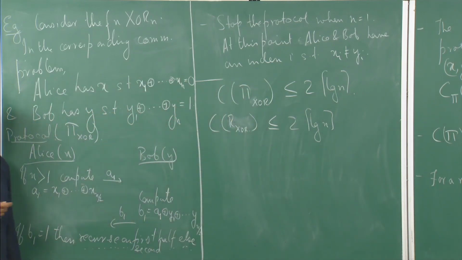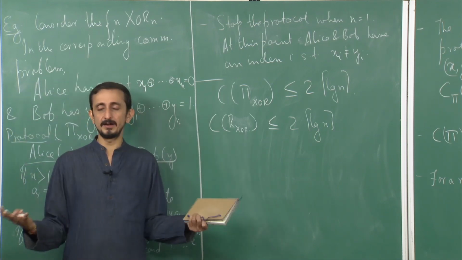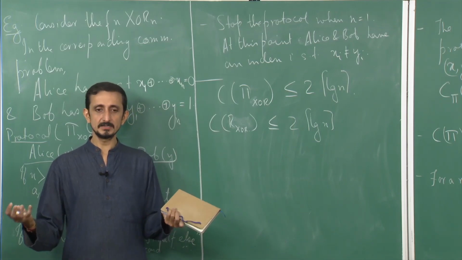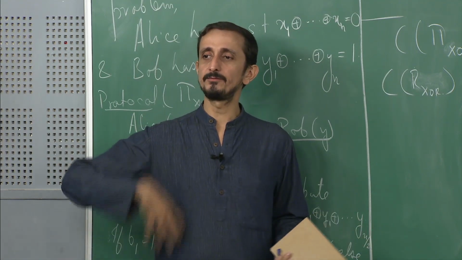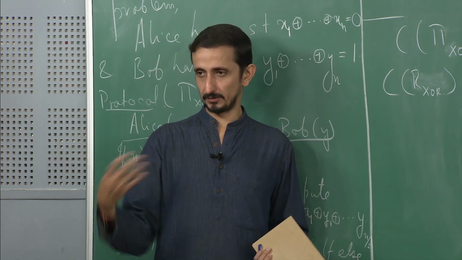So we have two different frameworks. One is: I have a function, and I have to design a circuit for that function, and I study the size and the depth of the circuit.